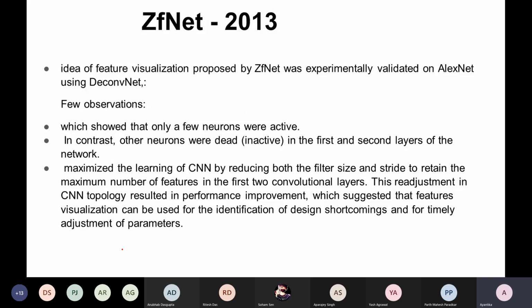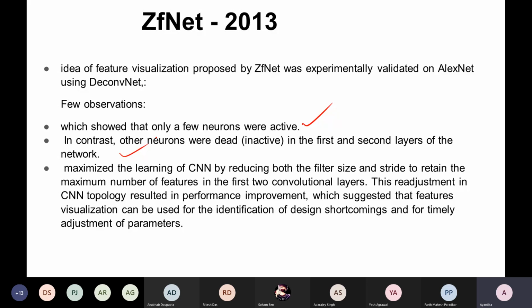And in ZFNet, from this analysis, a few observations were made. It was found that whenever we are considering these layers, only a few neurons were active. In contrast, other neurons were dead in the first and second layers of the network.